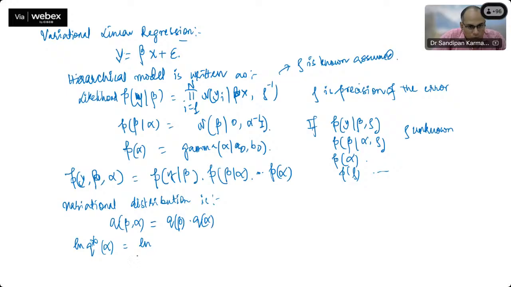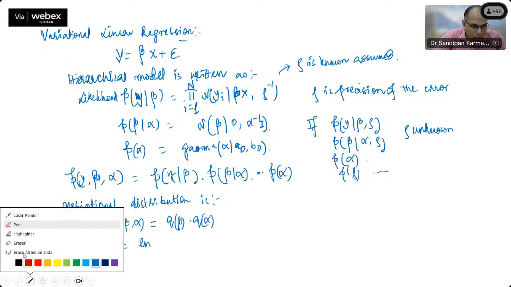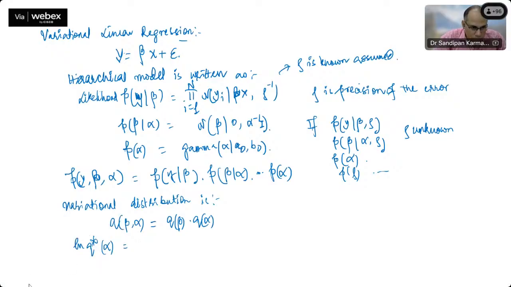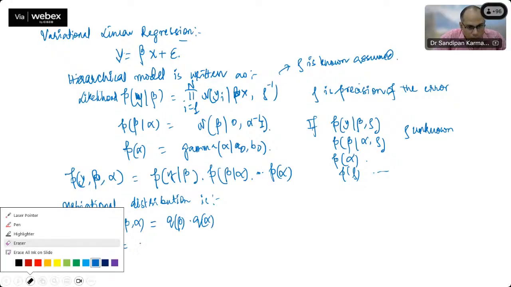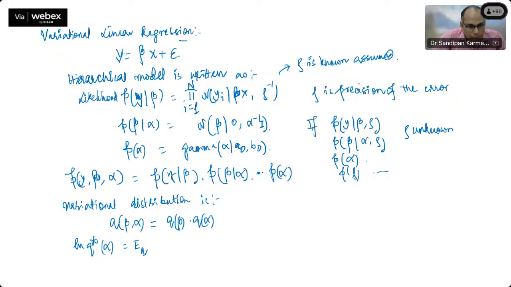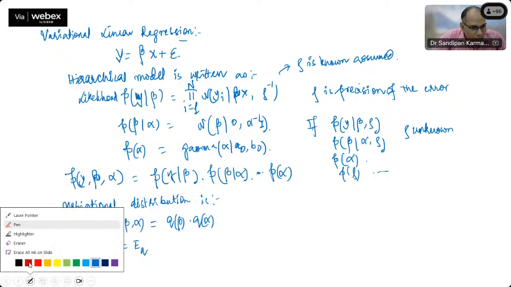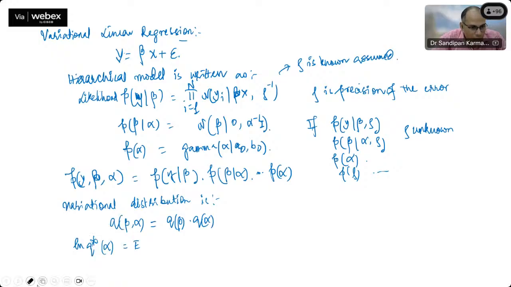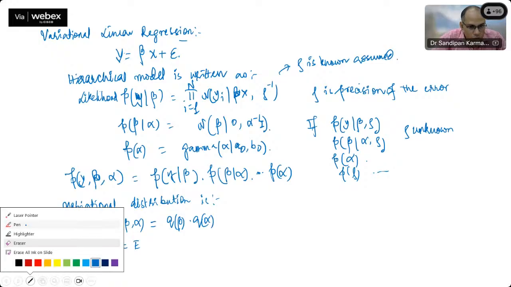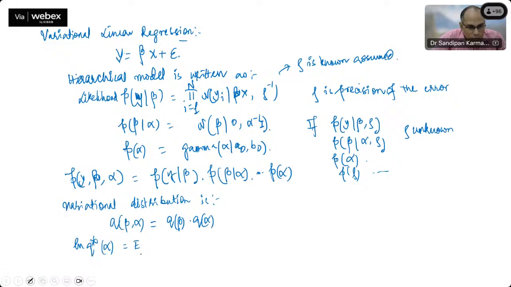the expectation with respect to all the parameters except alpha. So it will be written as expectation minus alpha; you can write set difference also, no issues.